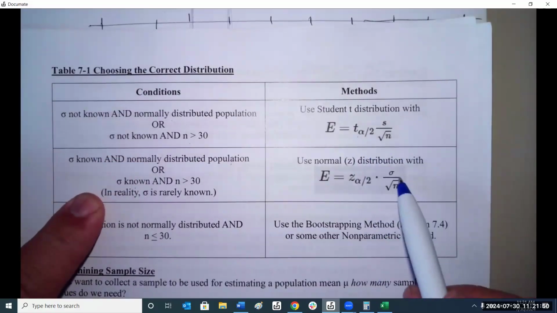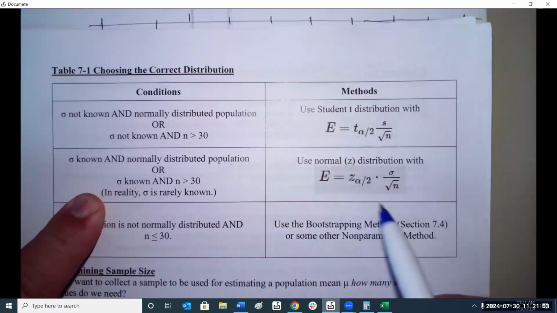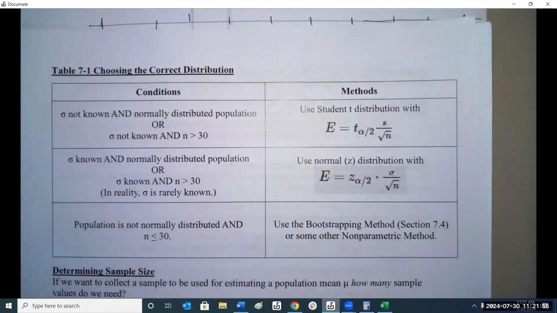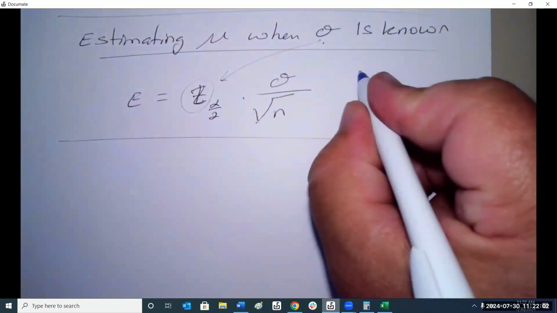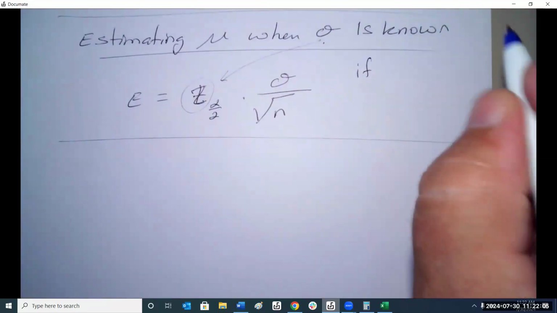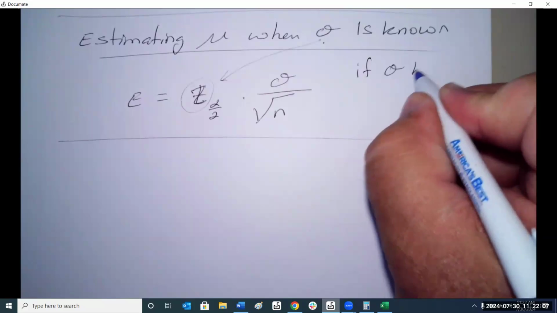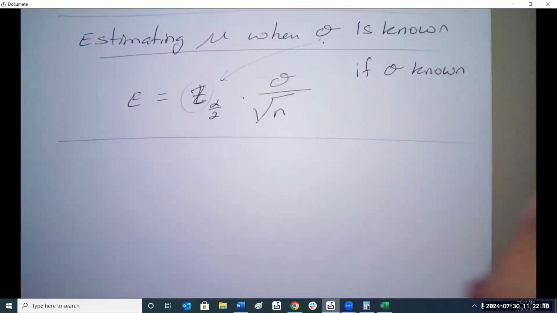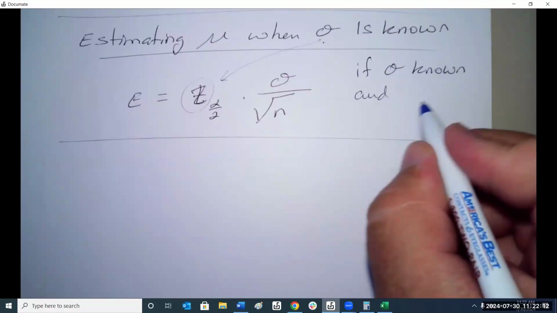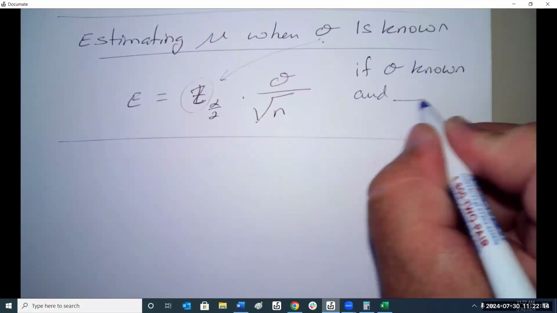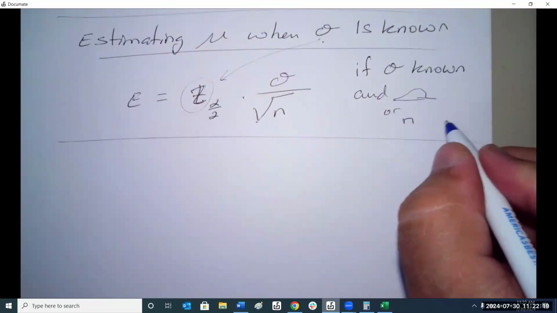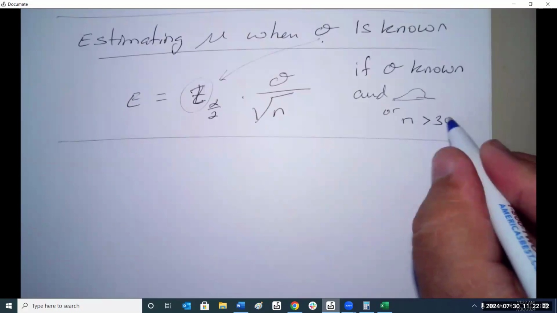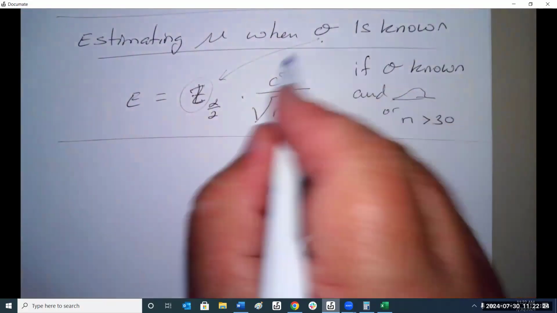If we know the population deviation, we use the population deviation and a Z. So if known and normally distributed or n is bigger than 30, we use the Z-score.